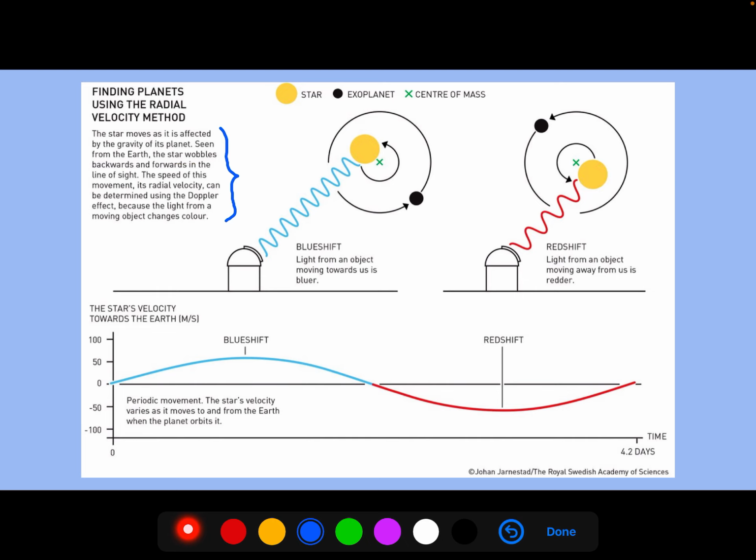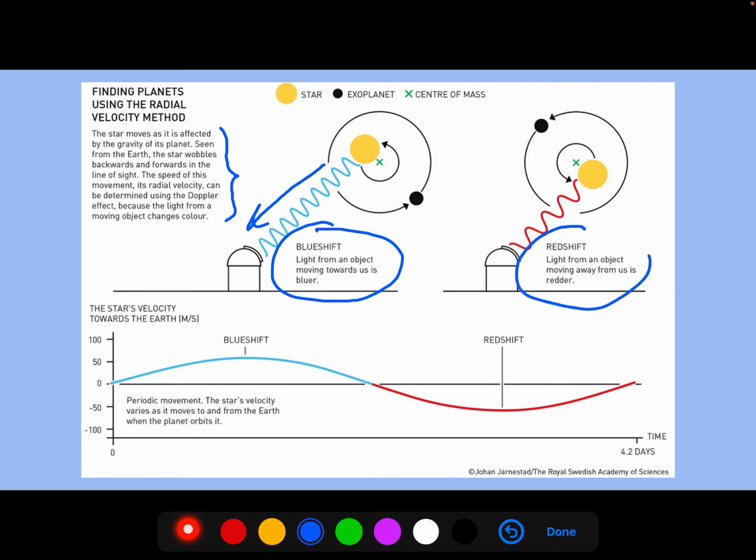So when there's light from an object moving toward us, it's going to appear blue. You might remember this from physics, for those of you that have had physics already. That's called blue shifted. Light that is moving toward us is going to be blue shifted. And light that is moving away from us is going to be red shifted.